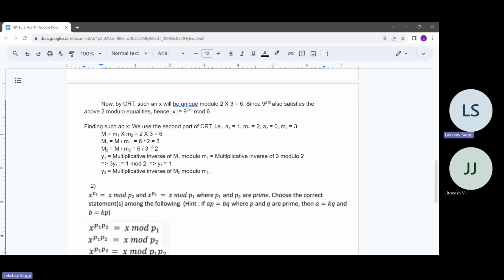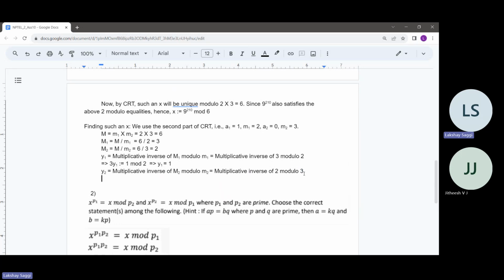M2 was equal to 2, and small m2 was equal to 3. So basically we need to find the multiplicative inverse of 2 modulo 3.